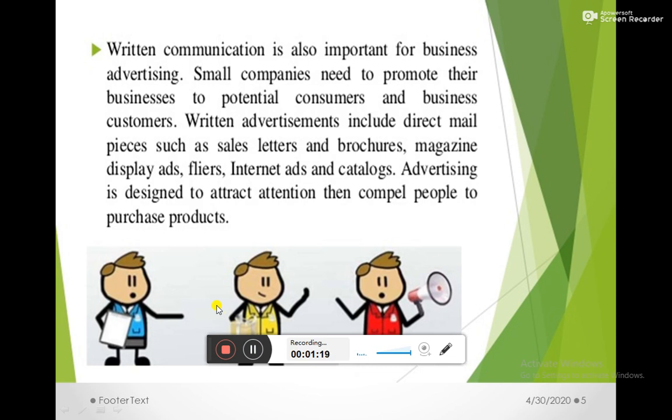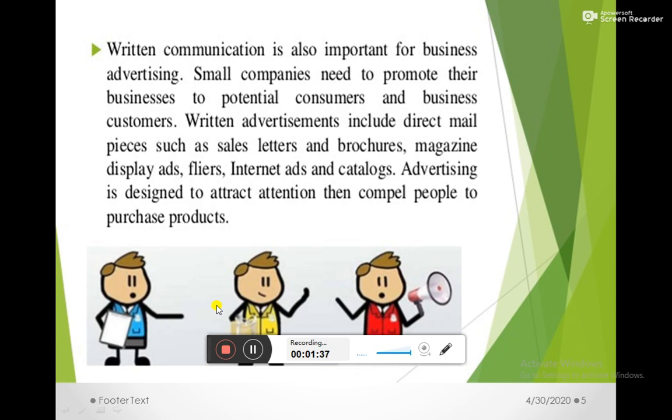In this slide, we will discuss written communication. Written communication is also important for business advertising. Small companies need to promote their businesses to potential customers and business customers.